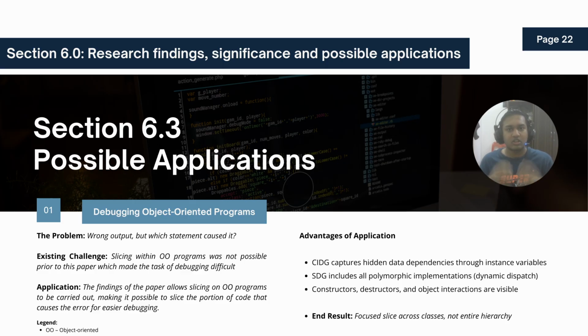First, let's talk about debugging. When an object-oriented program produces an incorrect output, slicing can be extremely powerful. With this framework, we can slice with respect to a particular instance variable at the point of failure, a method's output, or a specific return value.